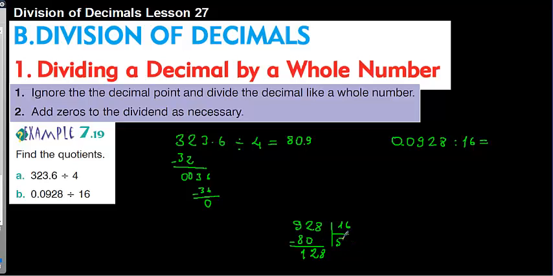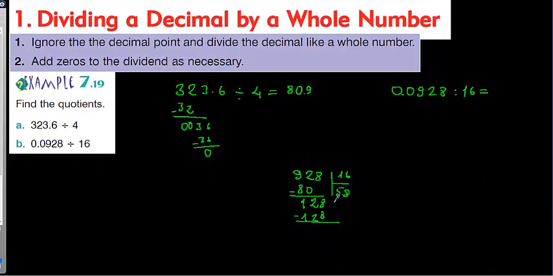In 128 I think we are going to have 8 times 16, which is 128. 8 times 6 is 48, 8 times 1 is 8, plus the 4 we carried, so it makes 12. So 8 times it is, we found that's true, and the answer is going to be 58.